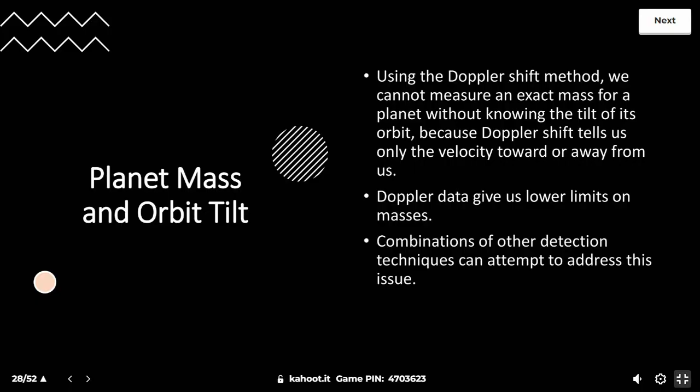So with the Doppler shift method, we will never get an exact value of the mass, and that's because we don't know the exact orientation of the orbit. So if the orbit was exactly in line with our line of sight, then the mass we would be measuring would be the mass of the planet.